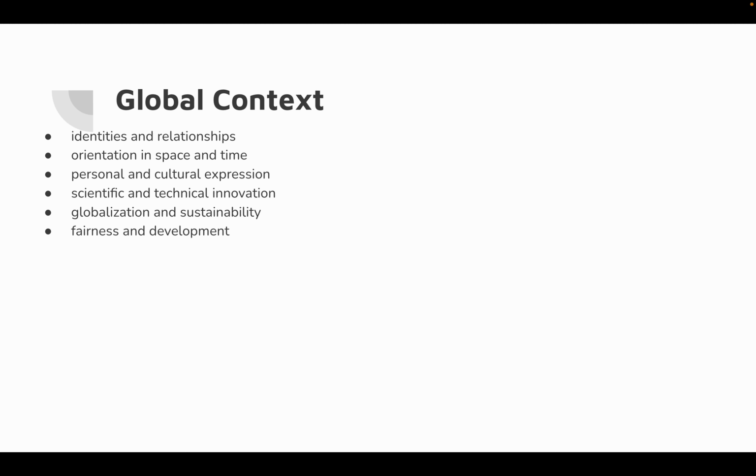And for your unit, it will also relate to one of these global contexts. For example, when we did a unit that dealt with the Industrial Revolution, we chose scientific and technical innovation. And when we did a unit on sustainable urban development, we looked at globalization and sustainability as the global context.